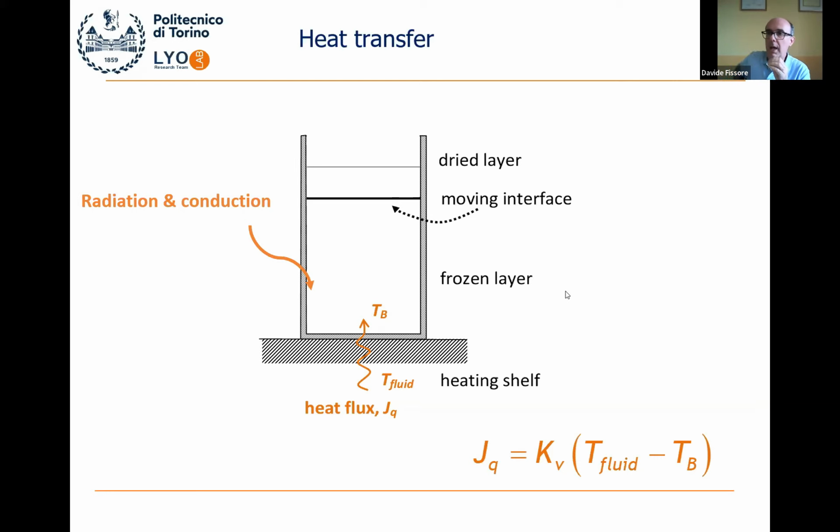Obviously, if we focus on the edge vials or on the central vials, the difference T fluid minus Tb is more or less the same. But as the heat flux to the product is different, then the result is that KV is different. KV for edge vials is different with respect to KV of central vials.